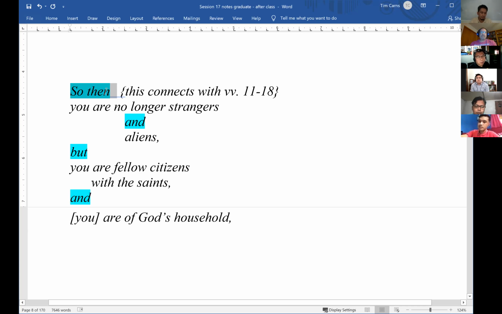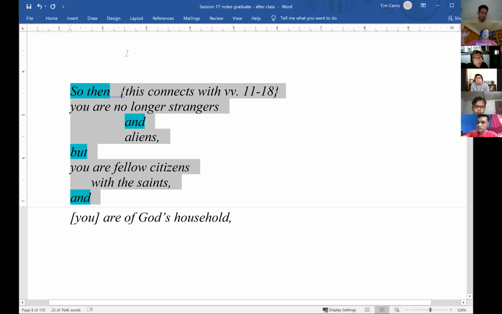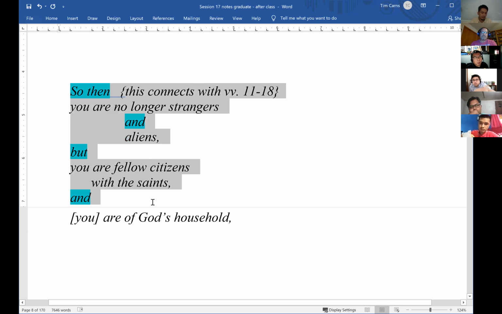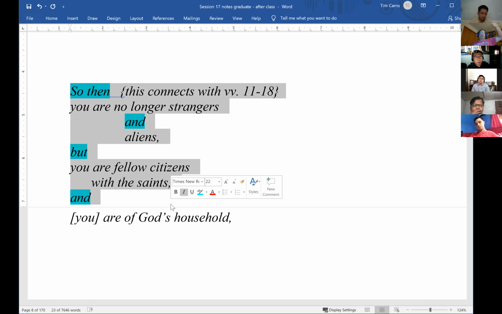All right. If they begin a sentence, they're not connecting a dependent clause to an independent clause. What they're doing is connecting what follows with what came before. In this case, it's a subordinate clause, meaning that this verse and the ones that follow are subordinate to verses 11 to 18. Because of verses 11 to 18, so then the result is you're no longer strangers and aliens.